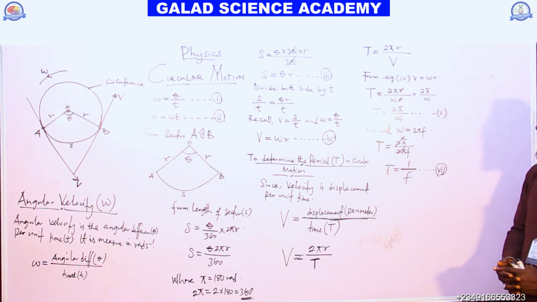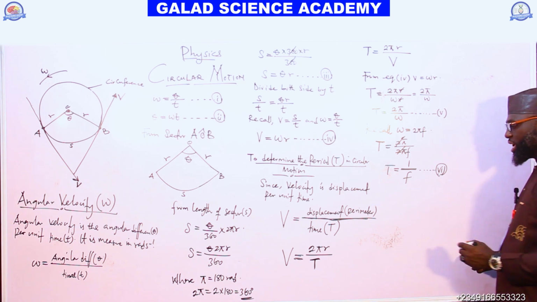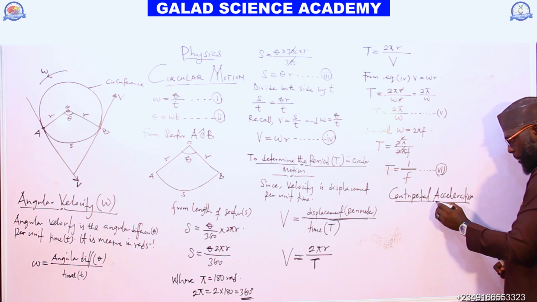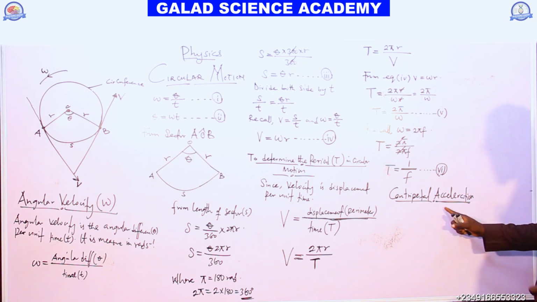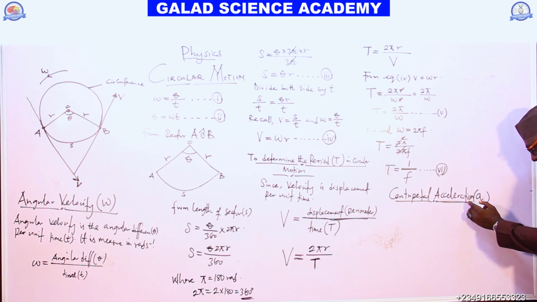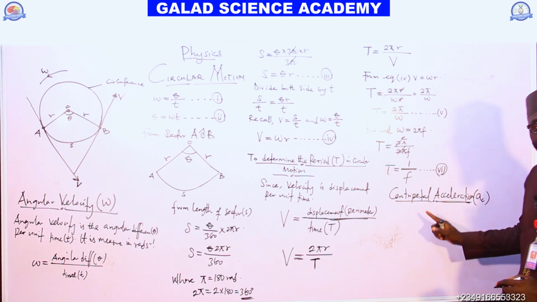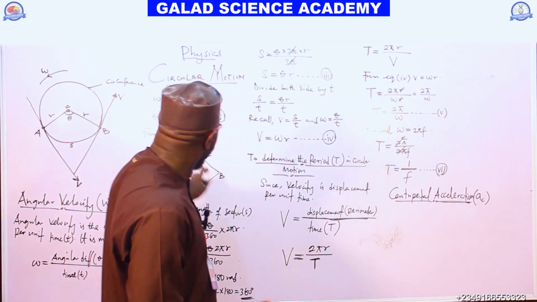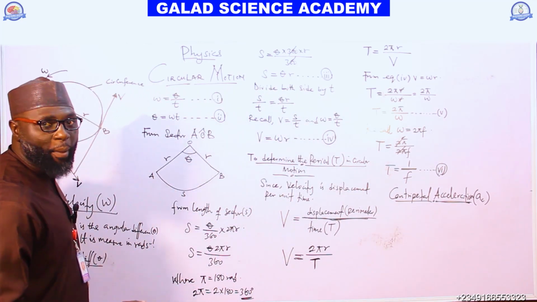So the next thing we need to check is centripetal acceleration. So the next thing is centripetal force. And the centripetal acceleration, here. Centripetal acceleration can be defined as acceleration that keeps a body moving along a circular path.